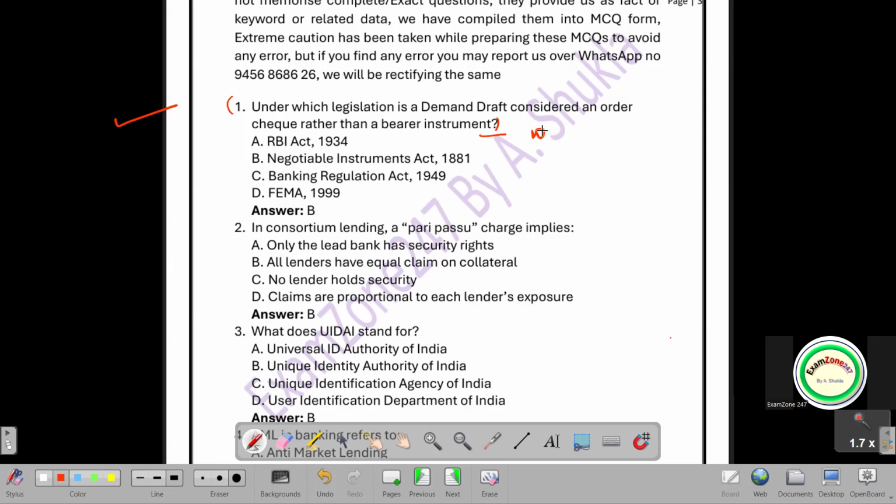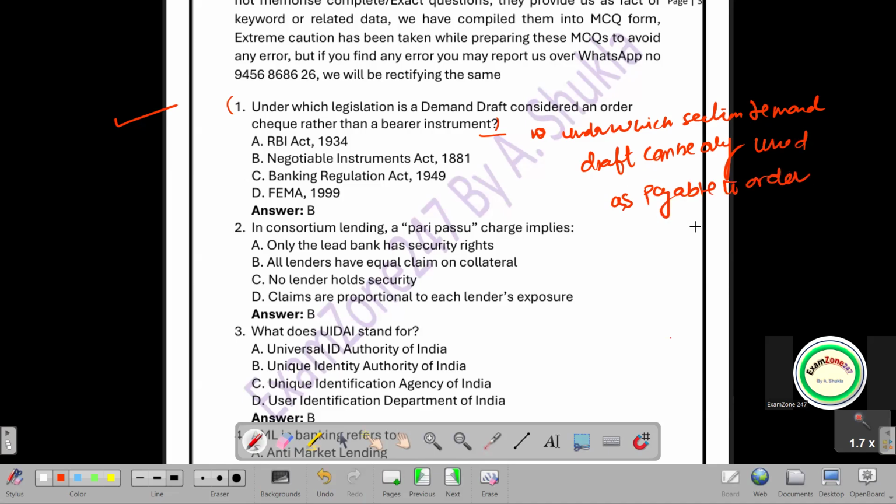Under which section demand draft can be only issued as payable to order and not as bearer.